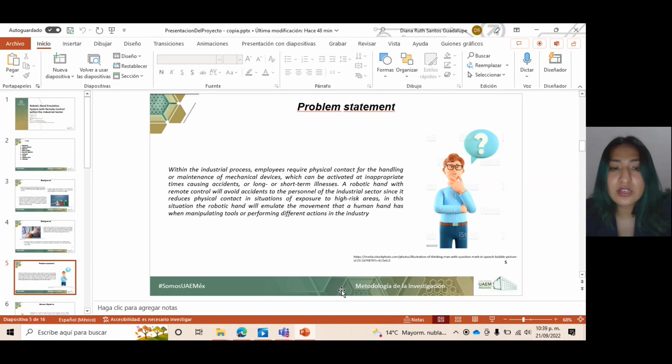In this situation, the robotic hand will emulate the movements that a human hand has when manipulating tools or performing different actions in the industry.